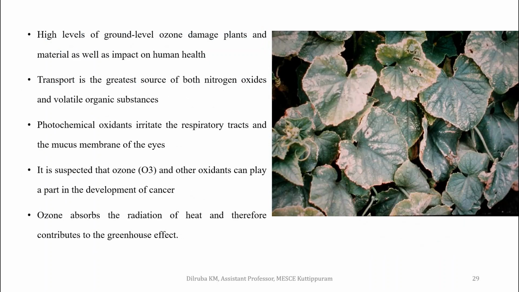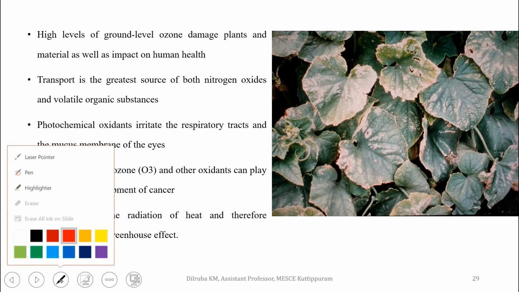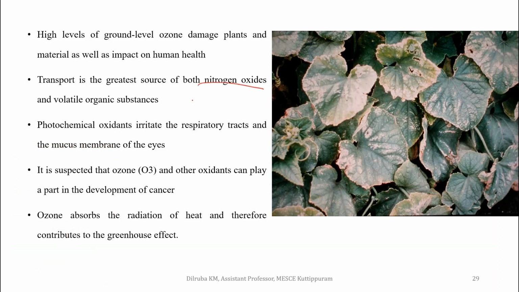Since it is created, high levels of ground level ozone increase and damage plants and materials as well as impact human health. Transport is the greatest source of both nitrogen oxide and volatile organic substances, which is the major reason behind our ozone depletion as well as ozone creation in the air.